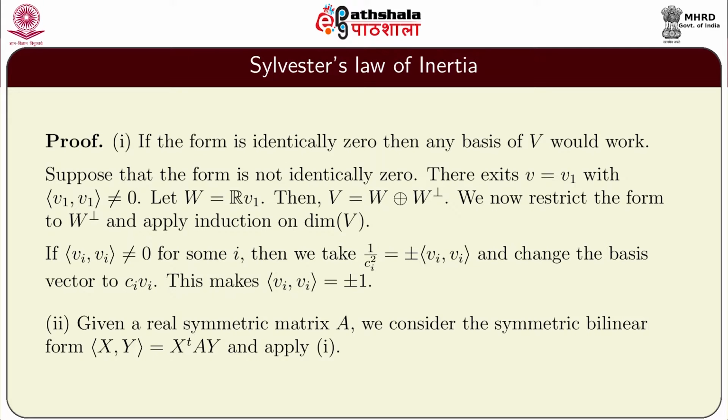Now, if the inner product ⟨Vi, Vi⟩ is not 0 for some i, then we take 1 over Ci square equal to plus minus the inner product ⟨Vi, Vi⟩. So, what is that supposed to mean? If the inner product ⟨Vi, Vi⟩ is positive, then we take 1 over Ci square equal to the inner product, and if it is negative, then we take the negative of the inner product to be 1 over Ci square.